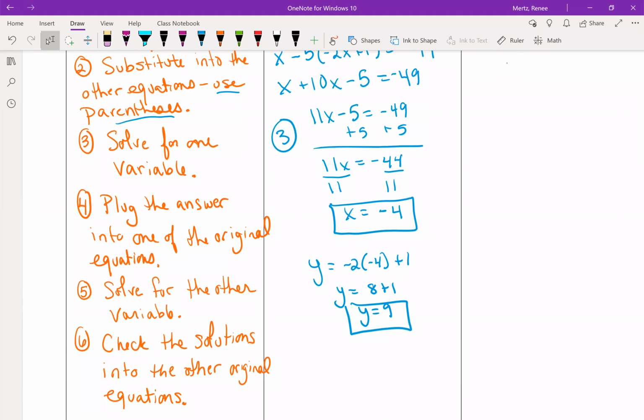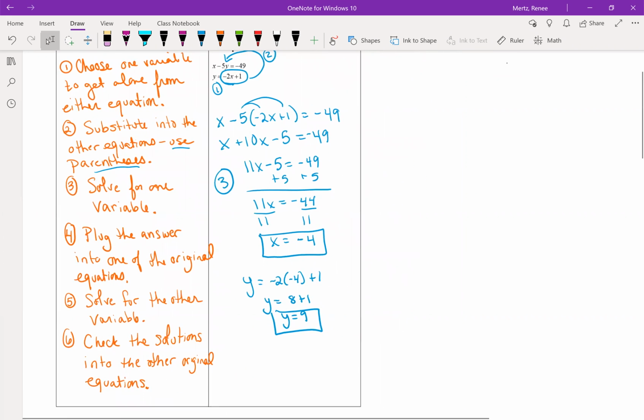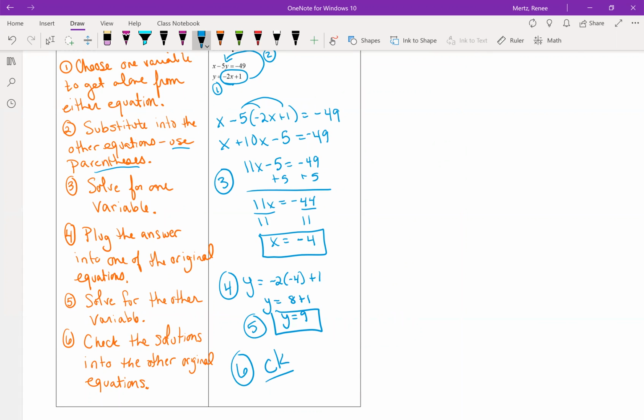Check those solutions in the other equation. So that was step 4, and 5. Step 6, we have to use the other equation to check it. So check. I used y equals the second one, so now I have to use the top one.